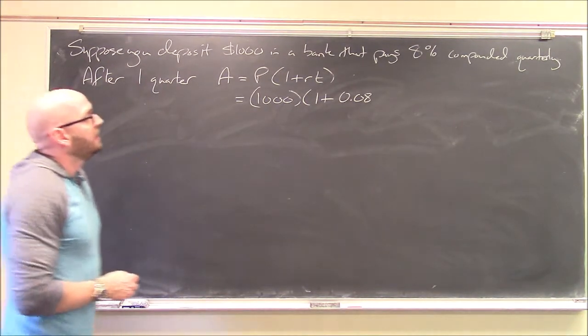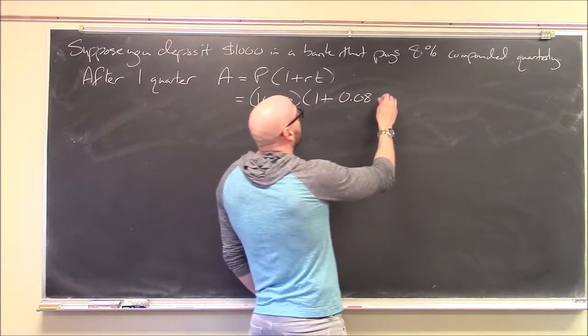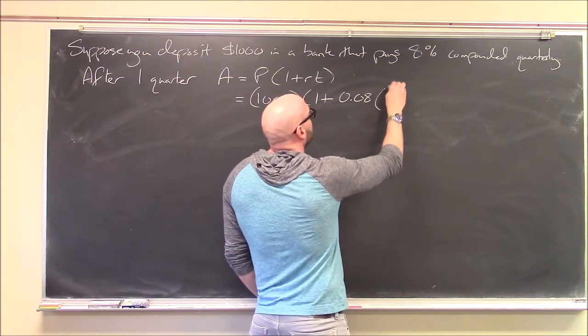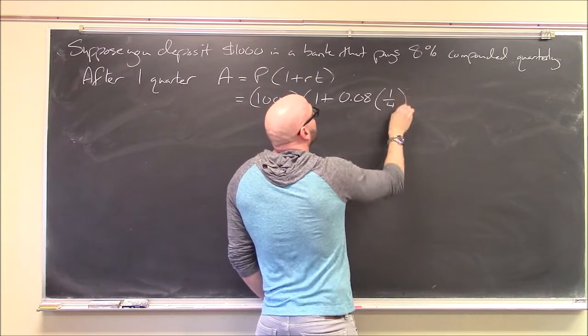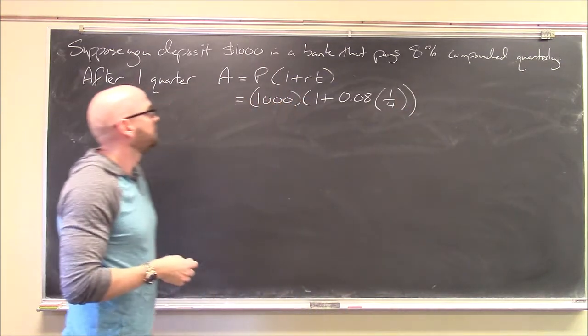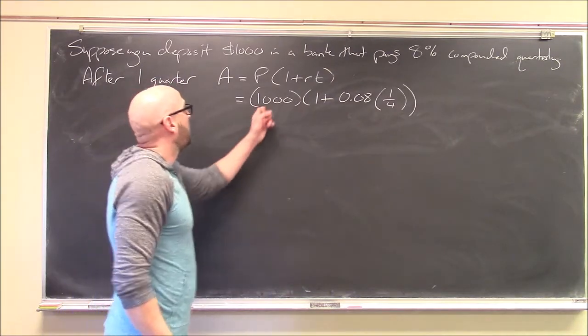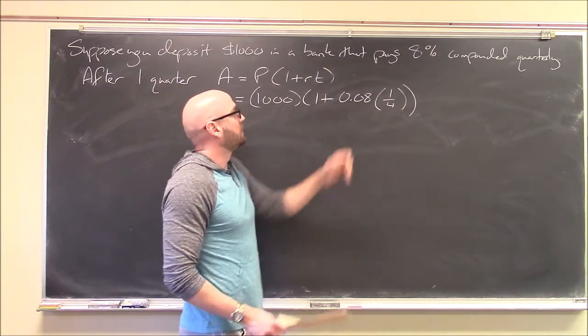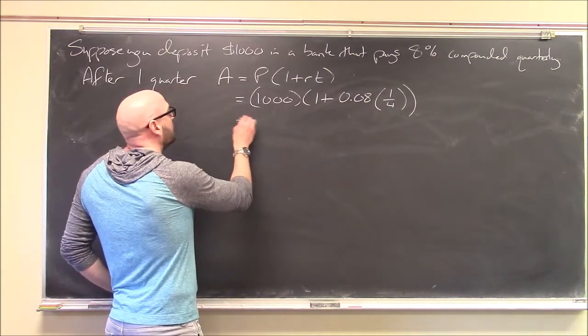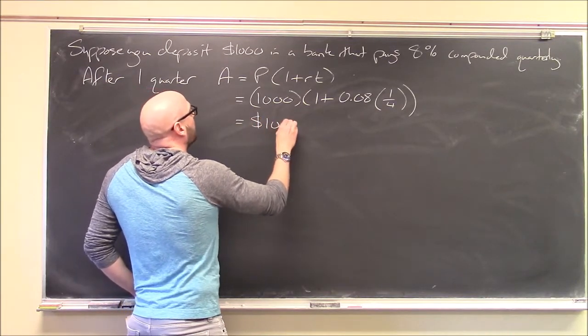Well, it's compounded quarterly, so after one quarter, there's 4 quarters in a year, so 1 quarter over 4 quarters. So you plug this into a calculator. This is 1,000 times 1 plus 0.02, so 1,000 times 1.02, this is just $1,020.